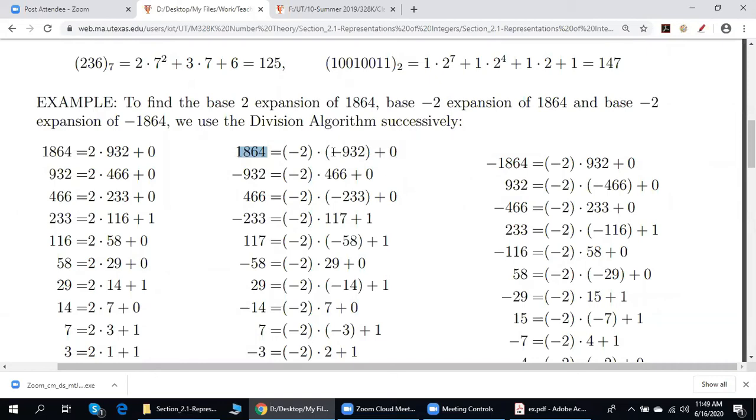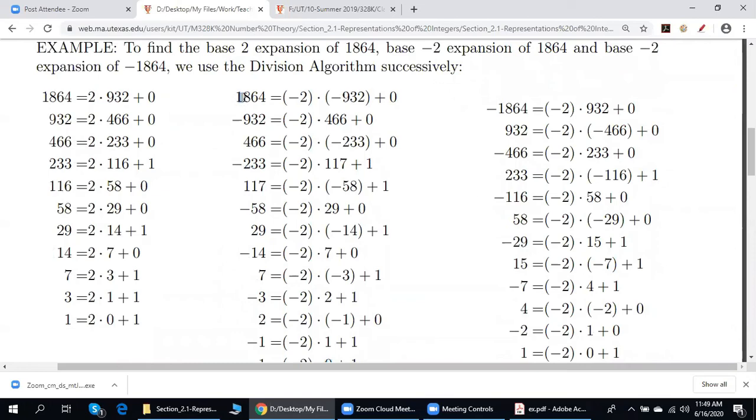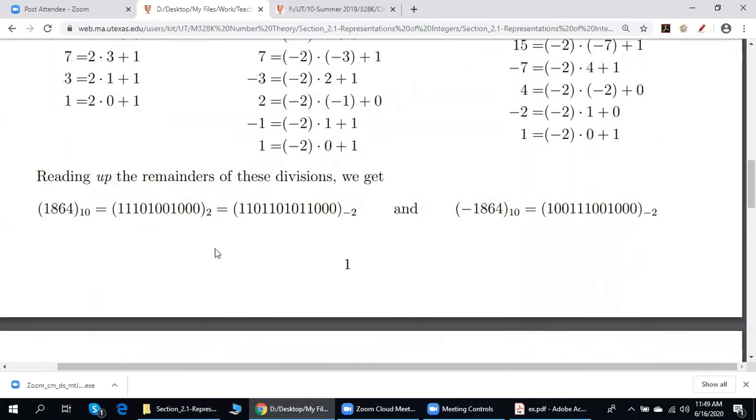Now we apply the division algorithm to this number, done, and then to 466, done, -233, done, and so on. We stop when we obtain 0 here, when the quotient is 0. Conclusion. 1864 base 10 is equal to this base -2.